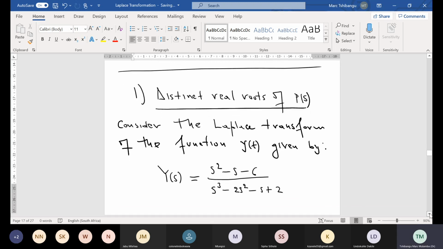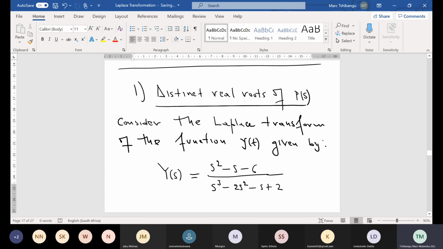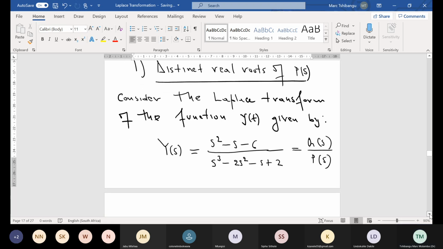As you can see, the numerator is a polynomial in s, which could be called Q(s), and the denominator is a polynomial in s, and we call it P(s), our characteristic equation.